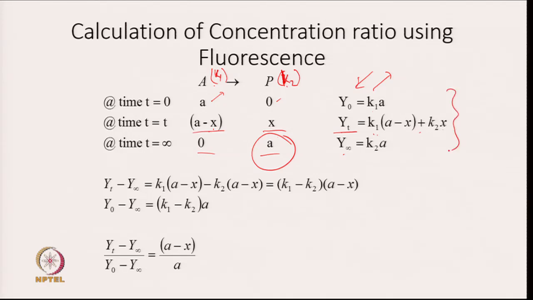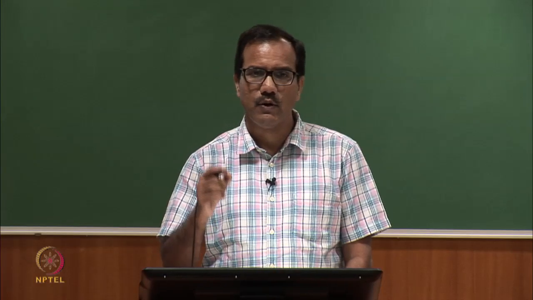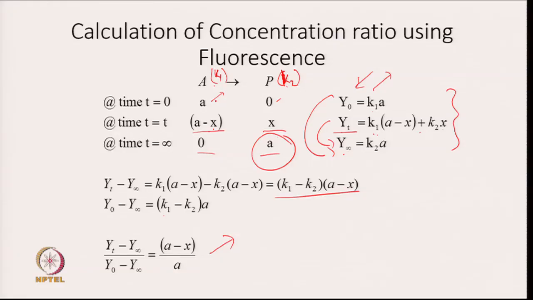So, now we have 3 signals at 3 different points. Now let us do Yt minus Y infinity. If you do that, you will get (K1 minus K2) into (A minus x), and if you do Y0 minus Y infinity, you get (K1 minus K2) into A. And so, if I divide Yt minus Y infinity by Y0 minus Y infinity, I will get (A minus x) by A. So, the concentration ratio of A at 2 different times, at time t equal to 0 and time t, can be obtained by measuring fluorescence intensity at different points.